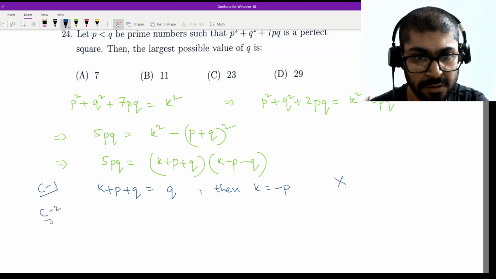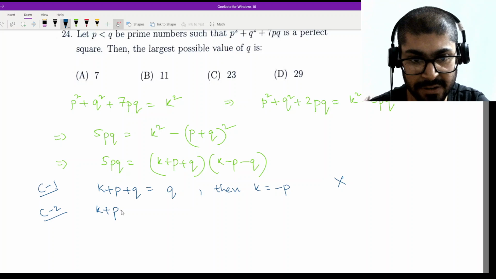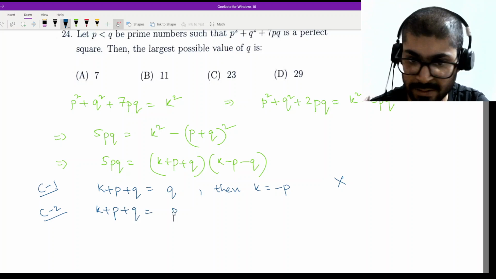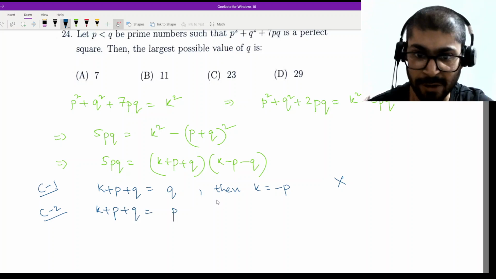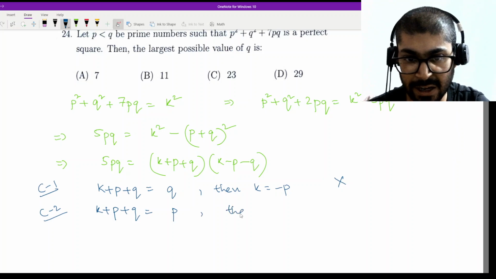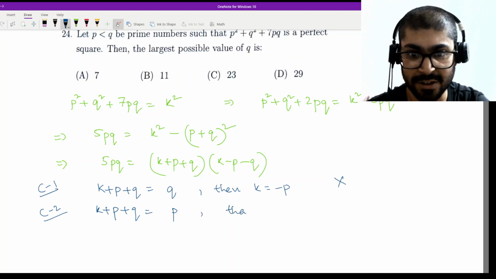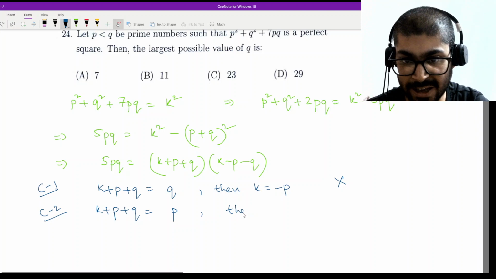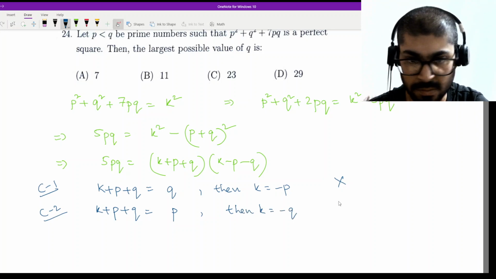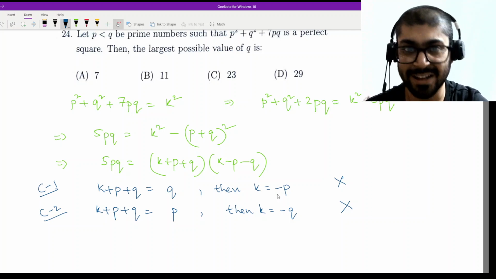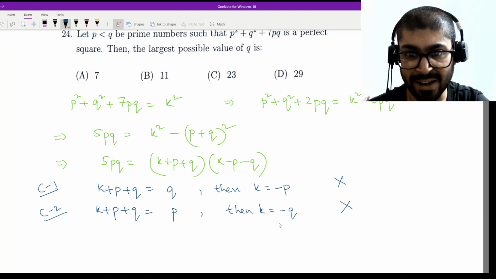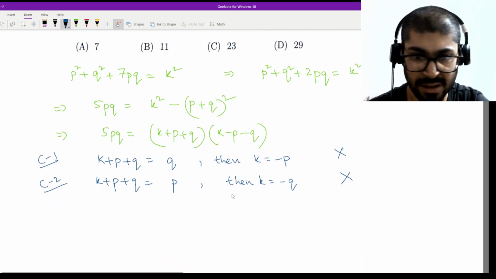Case 2, k plus p plus q could be equal to p, because it is 5pq, so I'm going one by one. Then k would be equal to minus q. Again, that's not possible because k is a square number, I cannot have it as a negative of a number.